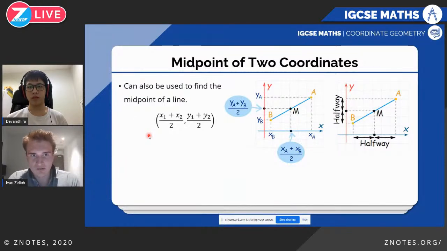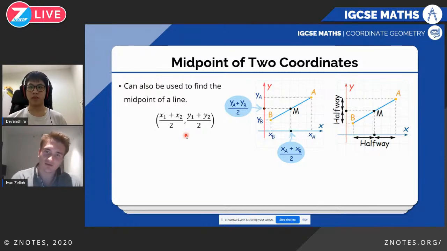So, midpoint of two coordinates. When you have 2 points, you can find the midpoint of them. In general, it's the average of the corresponding coordinates. So as you can see here, x1 plus x2 on 2 and y1 plus y2 on 2.